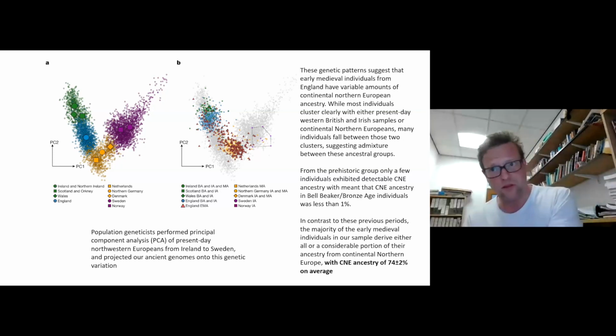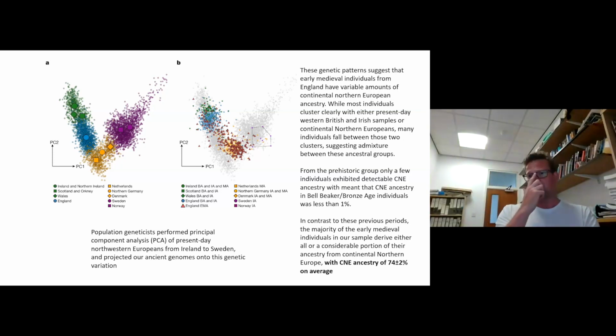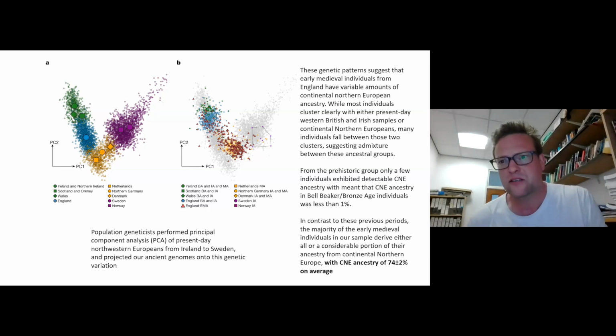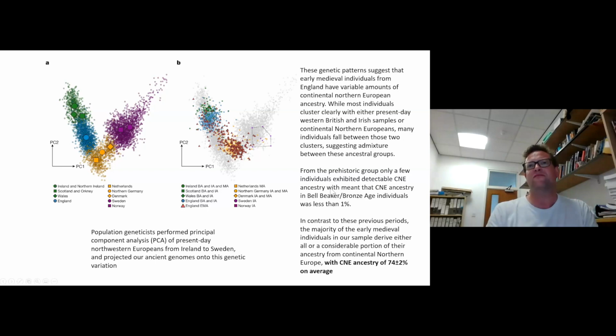What they ended up with is the idea that CNE ancestry, so continental Northern European ancestry, is visible in 74% of our ancient populations. And that's a number that's actually very similar to the Y chromosome evidence that we had before, but that's present in both male and female sets.